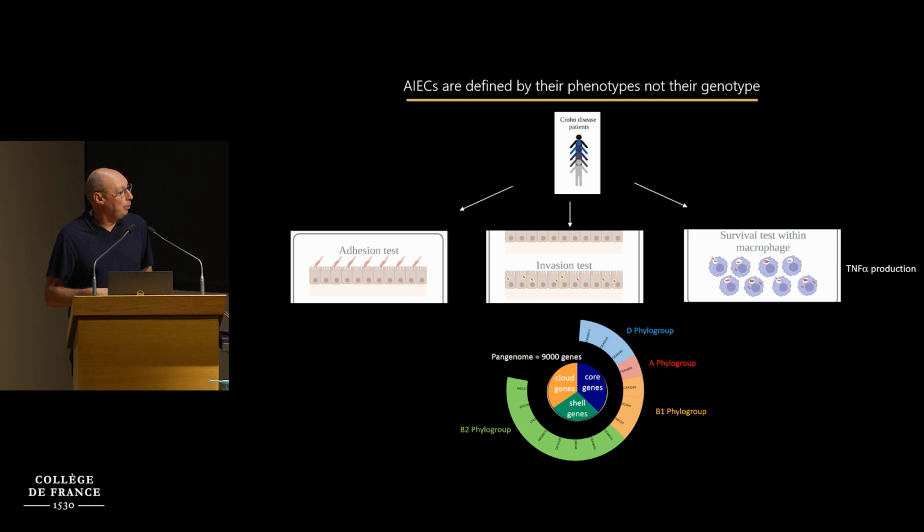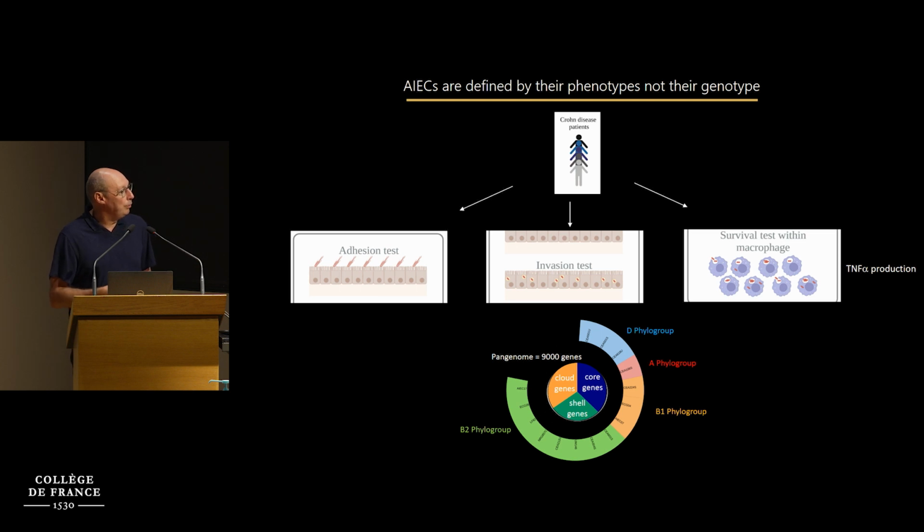On this small cartoon, you see that they belong to different phylogroups of E. coli, meaning that they can be found in any different type of E. coli. So their genome content is very different, and nevertheless they have the same type of property. So being an AIEC is not fully genetically determined. It could be a phenotypic adaptation.